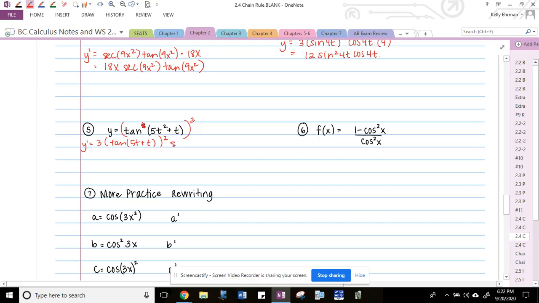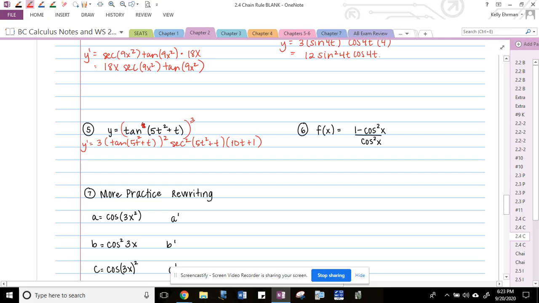That is secant squared of the angle, 5t squared plus t. The next step is to take the derivative of the 5t squared plus t. So that is 10t plus 1.